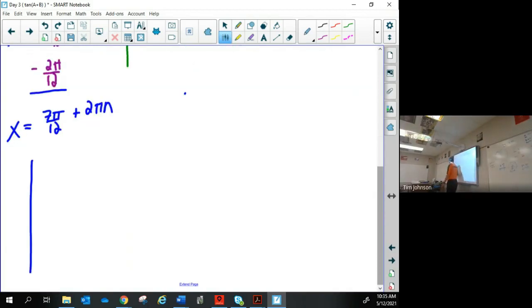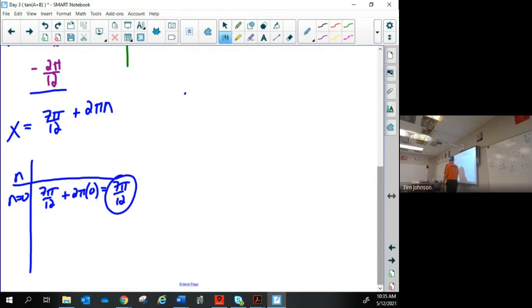Only thing good that comes out of this, besides learning how to do fractions, the only one that's going to be between 0 and 360 is the first one, n as 0. So 7 pi 12ths.